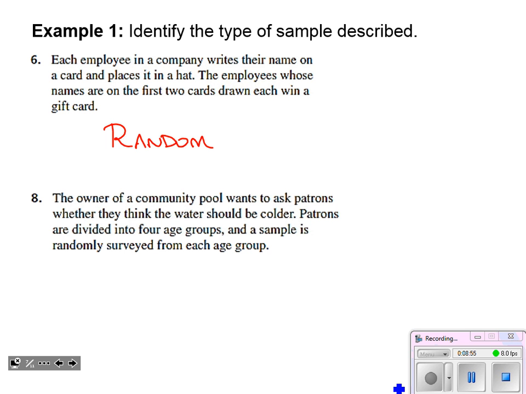It was all random. Number 8, the owner of a community pool wants to ask patrons whether they think the water should be colder. Patrons are divided into 4 age groups, and a sample is randomly surveyed from each age group. So here we divided all of these pool patrons into groups, and then we chose from each age group.